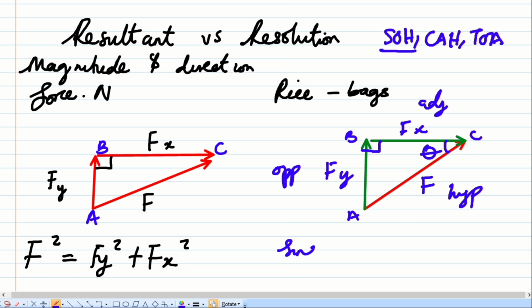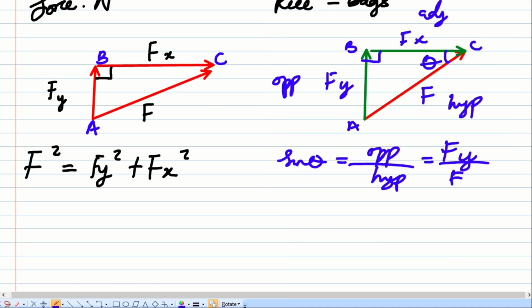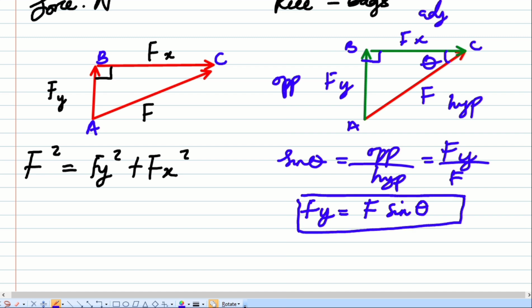So we're going to say that sine theta will be equal to opposite over hypotenuse, which is equal to, opposite is Fy, hypotenuse is just F. Now if we cross multiply, you see we are going to have Fy equal to F sine theta. So this is the formula we always use to find the vertical component of a vector, in this case force.